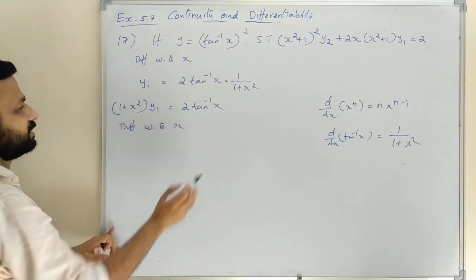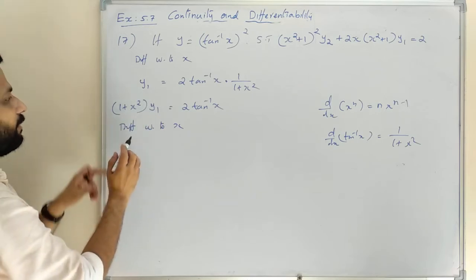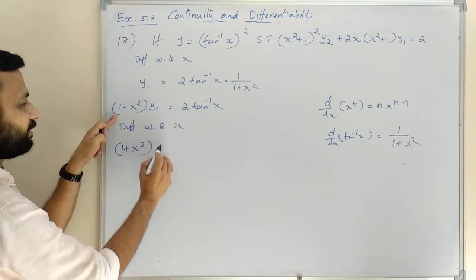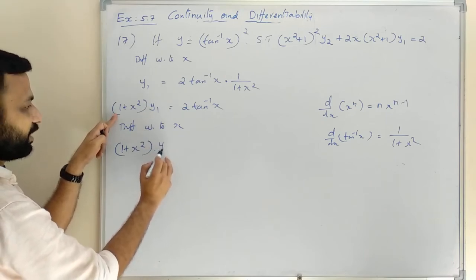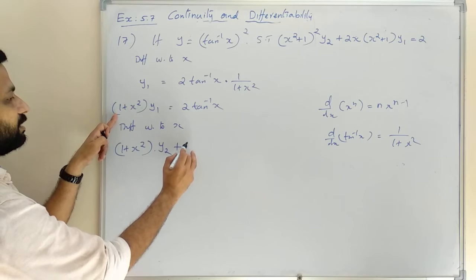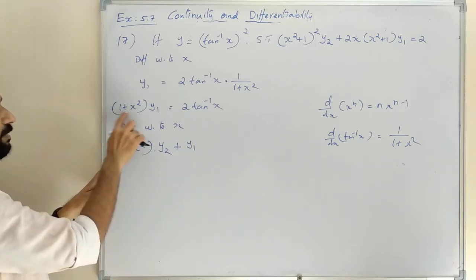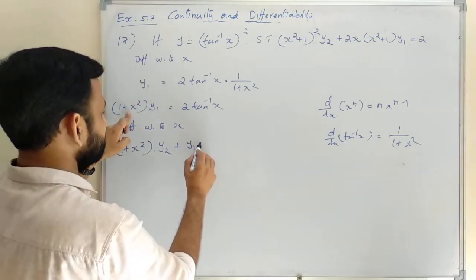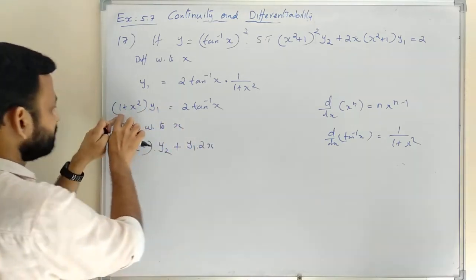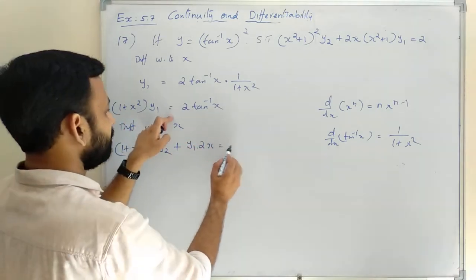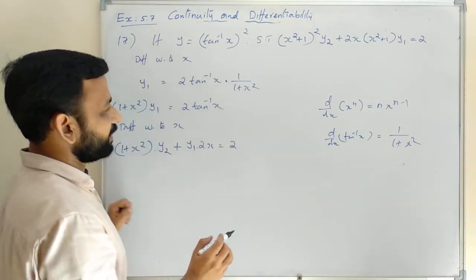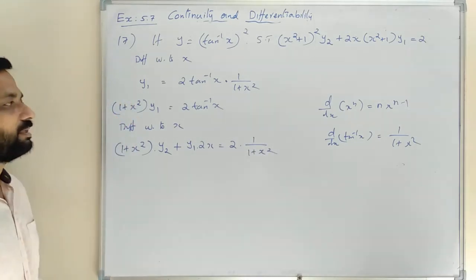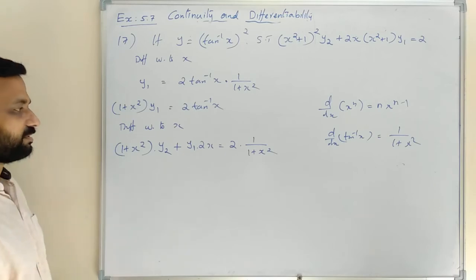We will apply the product rule. 1 plus x square, that is the first function, into the derivative of y1 with respect to x, that is y2, plus y1 into the derivative of 1 plus x square, that is 2x, equal to 2 into the derivative of tan inverse x, which is 1 upon 1 plus x square.